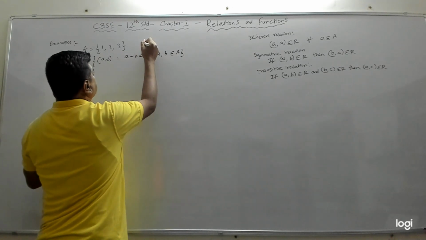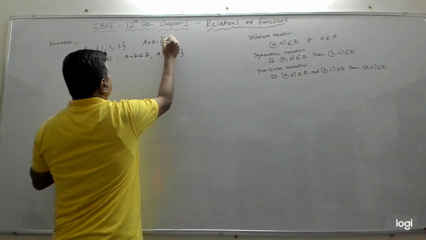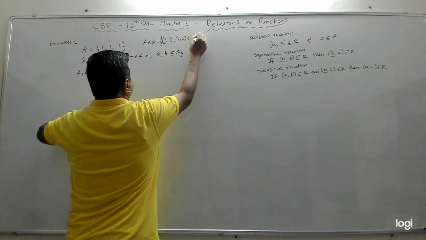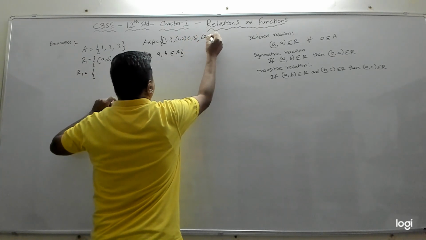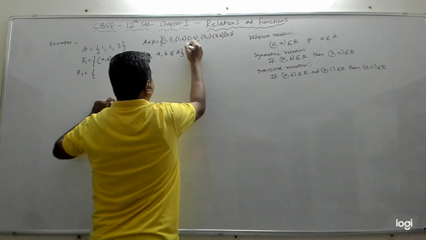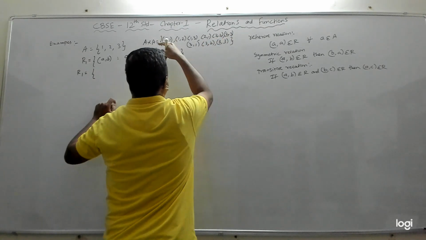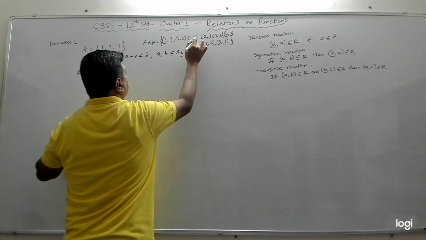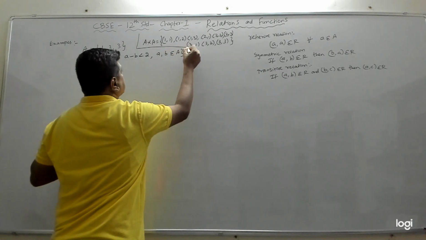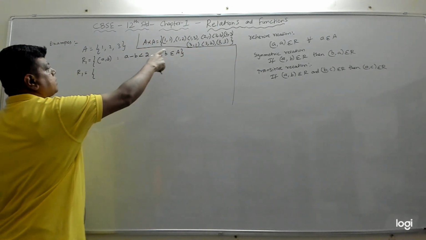A cross A is: (1,1), (1,2), (1,3), (2,1), (2,2), (2,3), then (3,1), (3,2), (3,3). So these 9 elements will be in the set A cross A.